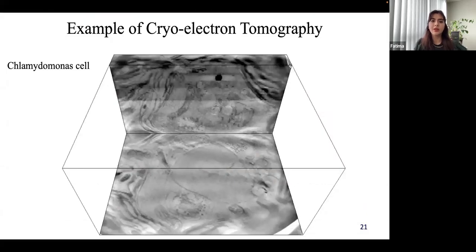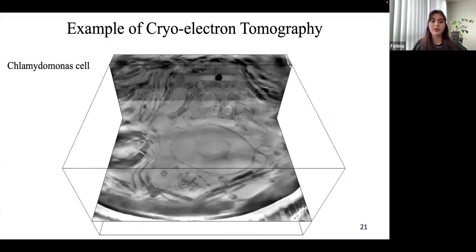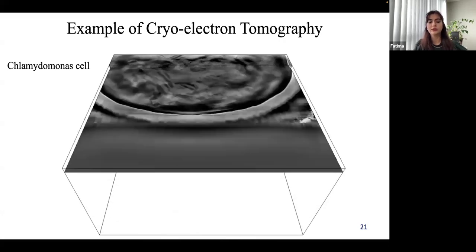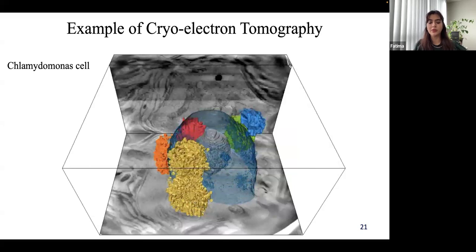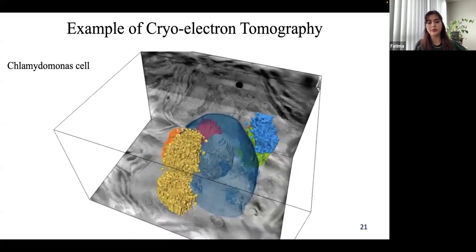And this is an example of cryo-electron tomography, of this type of algae. As you can see, we have a very beautiful structure in its own environment.